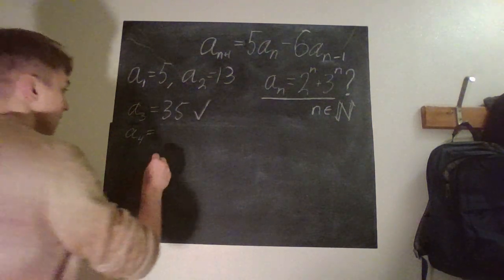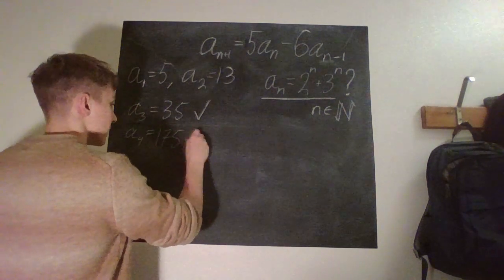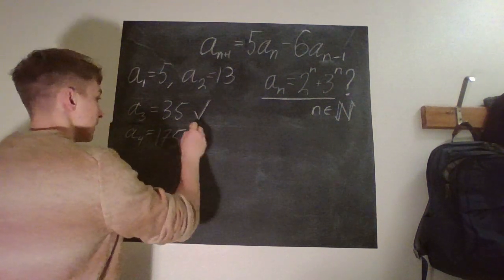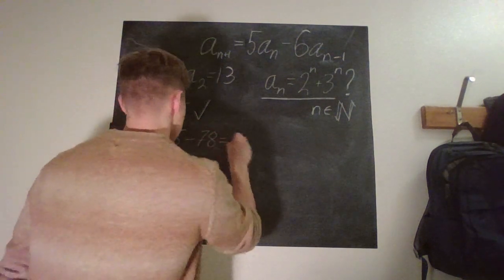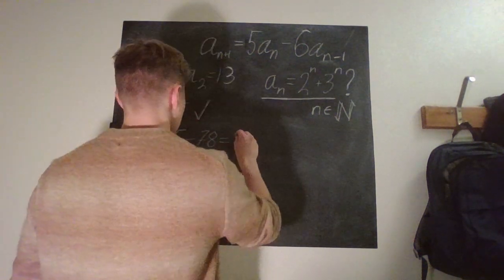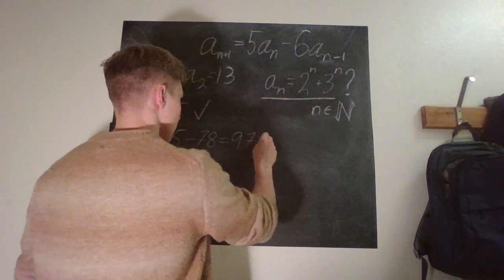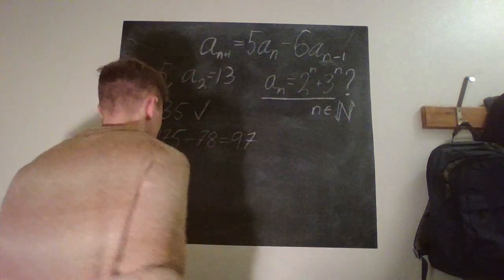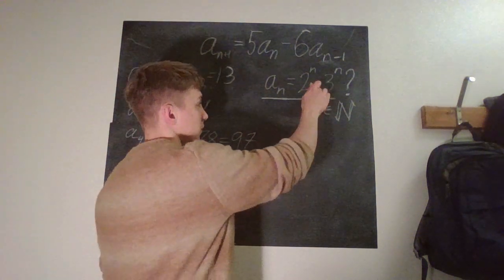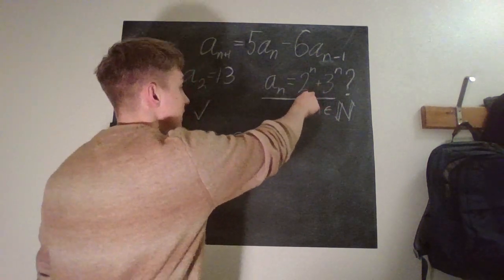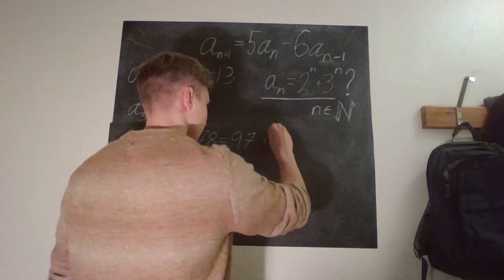Wait, I need to write this down: 175 minus 78, that's 97. Of course, it's 97, and that was supposed to be with this formula too. So this also works.